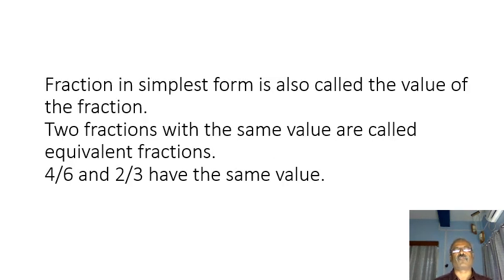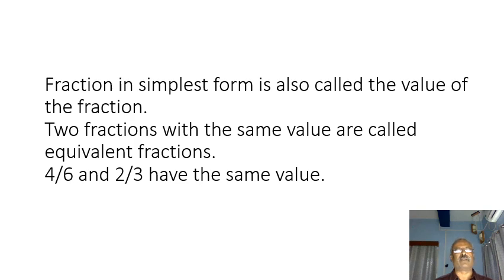Fraction in simplest form is also called the value of the fraction. Two fractions with the same value are called equivalent fractions. 4 over 6 and 2 over 3 have the same value, or 4 upon 6 and 2 upon 3 have the same value.